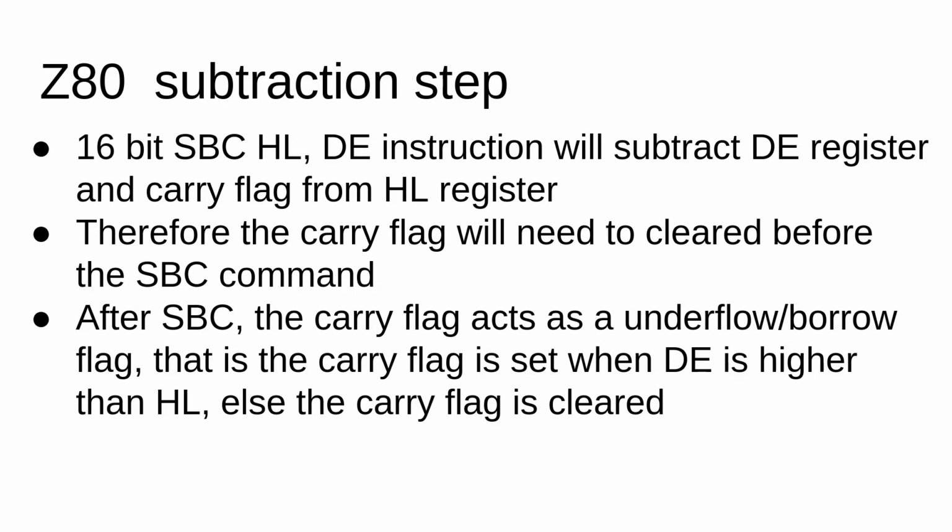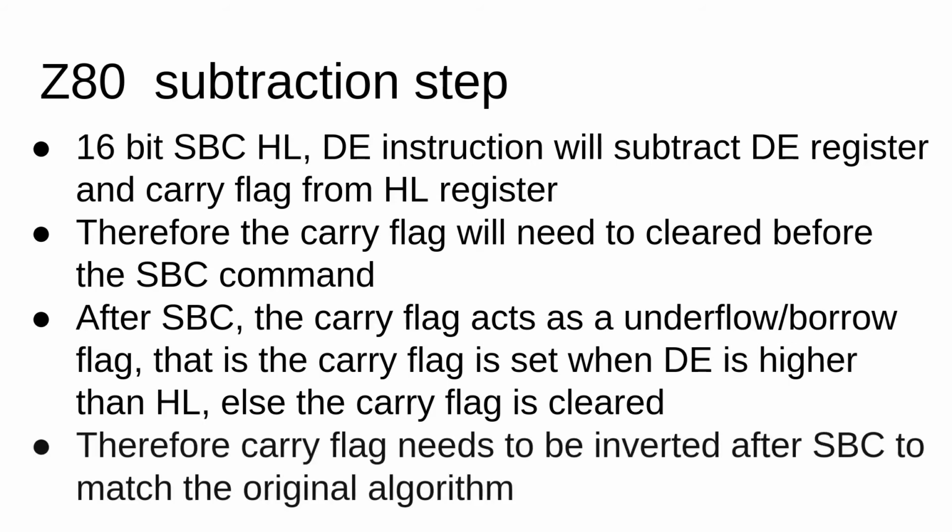In the case where DE is larger than HL, the carry flag will be set. If DE is smaller or equal to HL, the carry flag will not be set. This means that after the subtract command, the carry flag is the opposite of what it needs to be for the algorithm. Therefore, the carry flag needs inverting after the subtraction command.